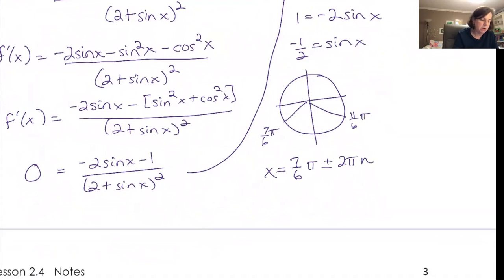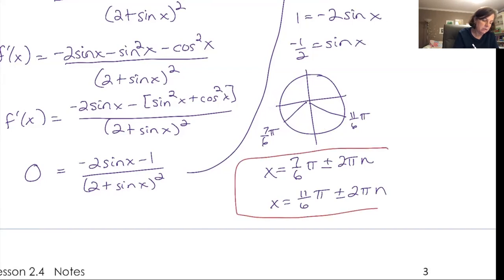If I'm at 7/6 pi, I could go around a full rotation and land back there, however many times I want, or I could go backwards a full rotation and still land there. And of course, same thing with 11/6 pi. So all of this is my answer.